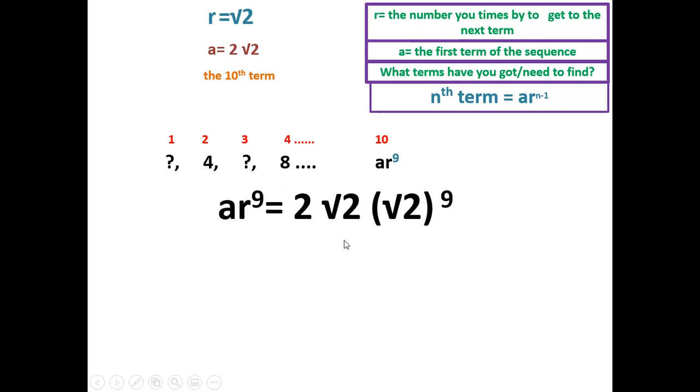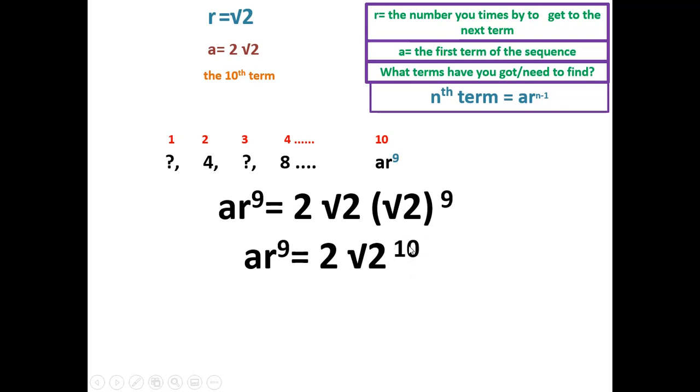Okay, by simplifying now, AR raised to the 9th power is equal to, of course, 2 times, syempre ito munang dalawa. Okay, since meron tong exponent 1, itong isa, so law of exponent ulit, multiplying powers having the same base, you add the exponent. So, since parehas ang base nila, square root of 2, magiging na yung square root of 2 raised to the 10th power.